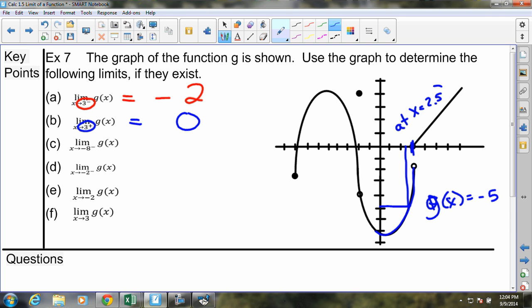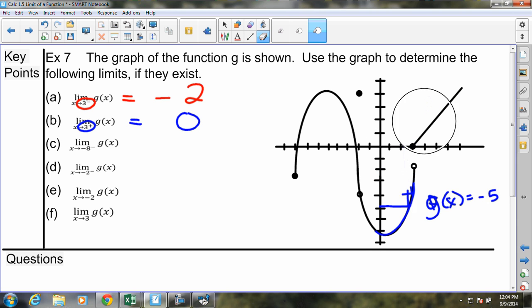But you notice how this number is to the left? It's less than 3. Well, we could come in closer and say, at x equals 2.9, what is the height? At 2.99, what is the height? At 2.999, what is the height? But all of those values, 2.5, 2.9, 2.99, they're all coming from the left-hand side of the x. And we're going down to where the graph is actually meeting.